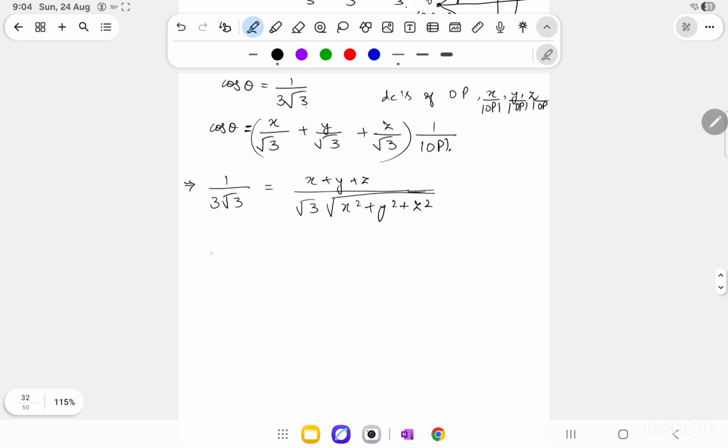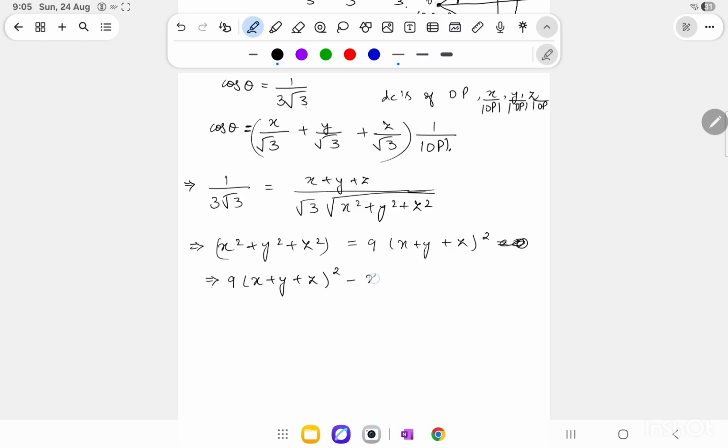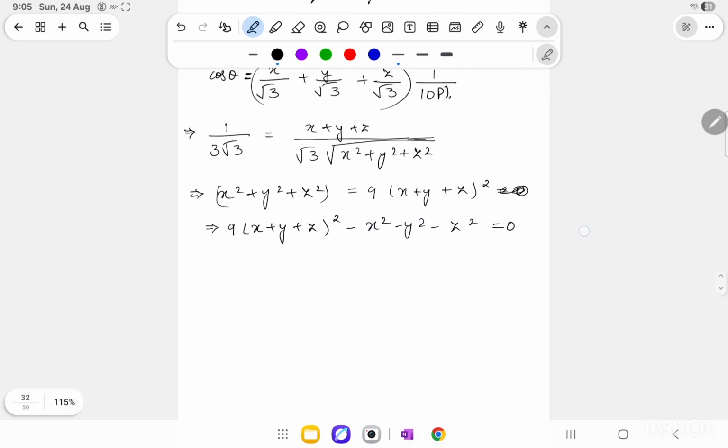If I simplify it, I will get x square plus y square plus z square equals 9 into (x plus y plus z) whole square. Simplifying further, I'll get my equation of cone as 9 into (x plus y plus z) whole square minus x square minus y square minus z square equals 0.